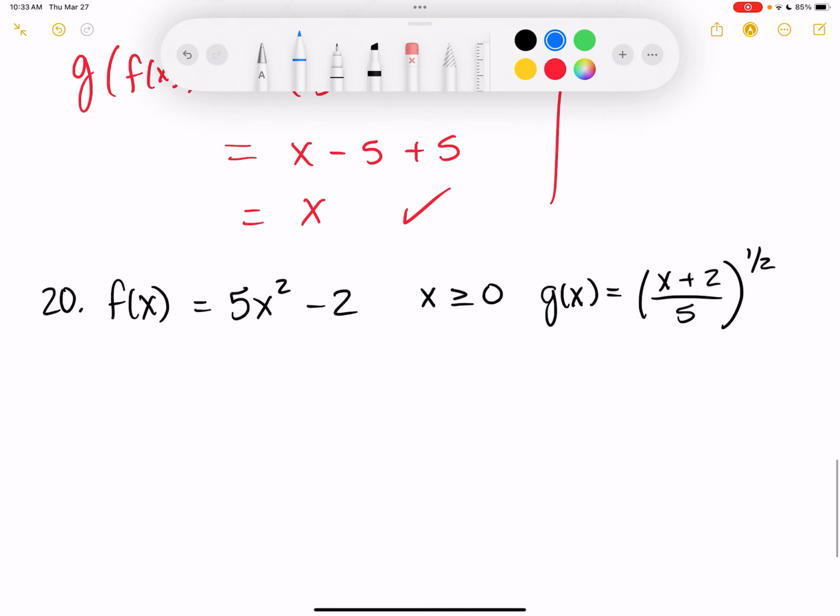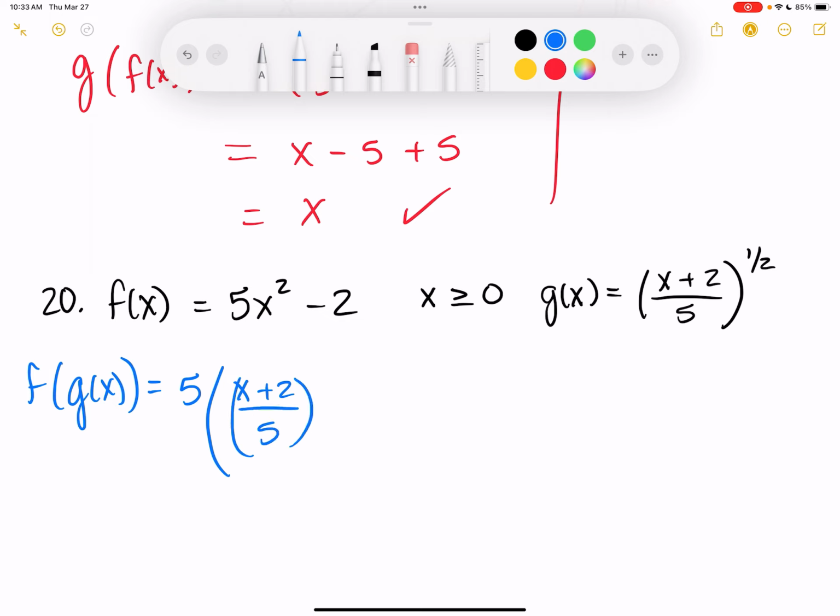Alright. F of g of x. So I take this whole thing and plug it in for x here. So I have 5 times (x plus 2 over 5 to the 1/2) squared minus 2. What does this raised to the 1/2 squared do?